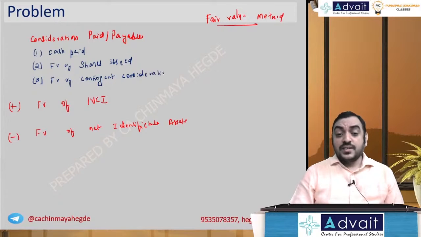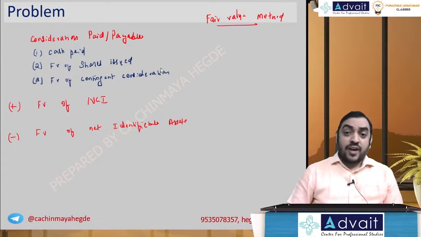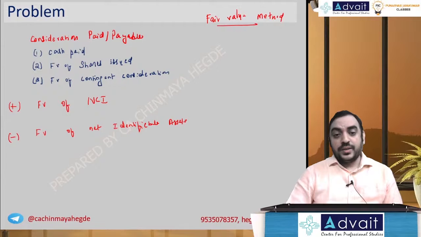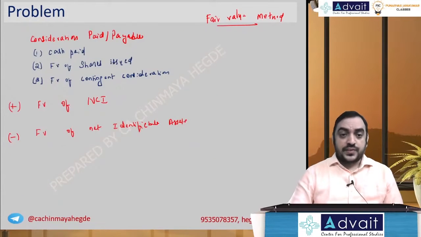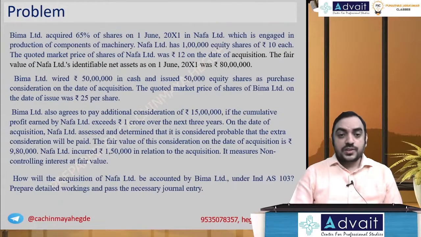And if you have an acquisition in stages, multiple acquisitions, then you will have the fair value of previously held equity. That also will be there. So you have acquired 65%, so consideration is for 65%. Then the fair value of NCI will be for 35%. And of course, 100% will be the fair value of net identifiable assets.